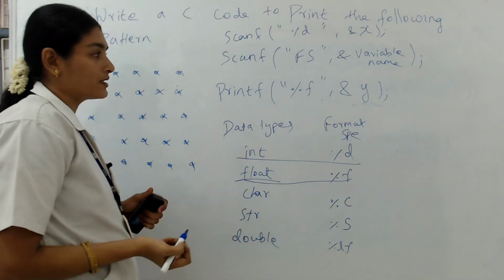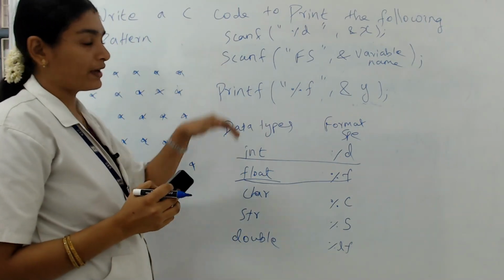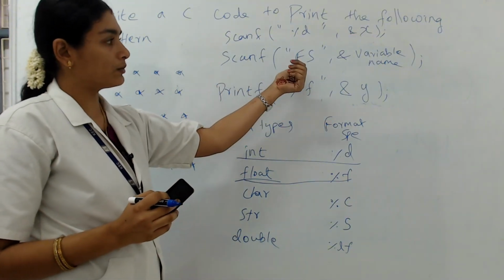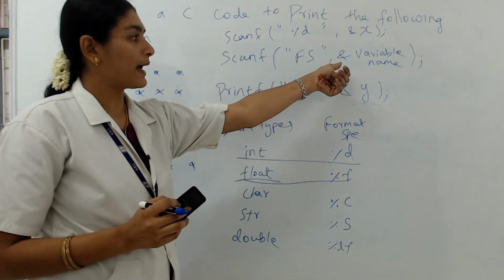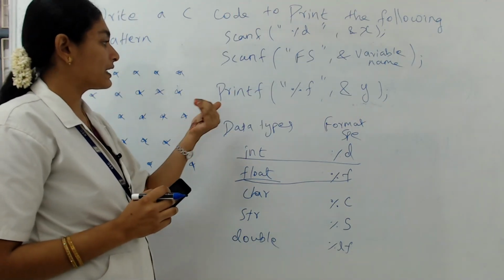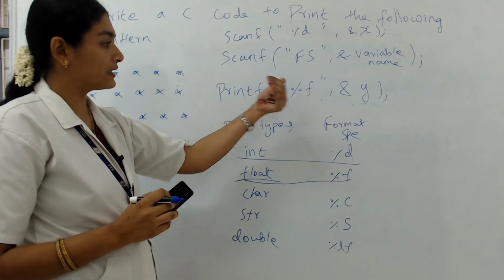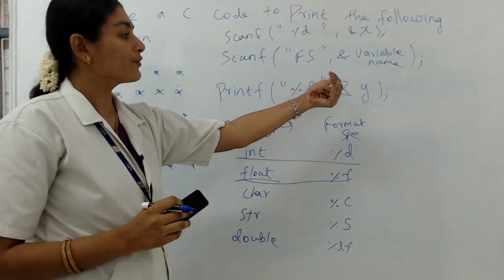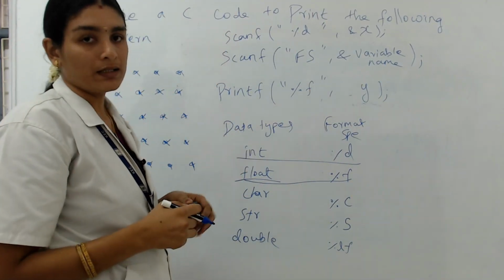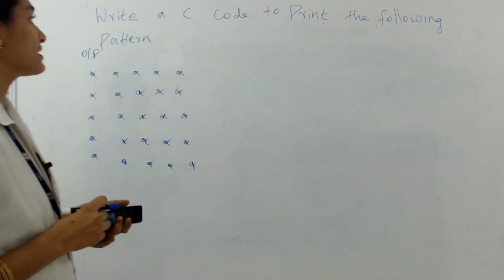This is the representation of the scanf and printf functions. What is the syntax of the scanf function? Scanf within double quotes format specifier, comma, ampersand symbol followed by variable name. Similarly, the syntax of the printf function is printf within double quotes format specifier followed by variable name.